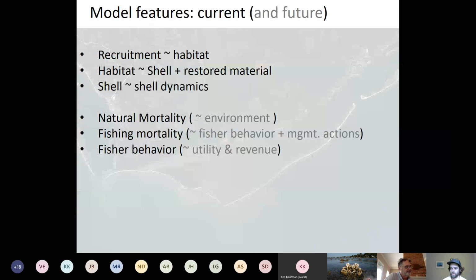So what we're left with is a couple of things. We can try to make a list of the alternative shapes of the relationships between habitat and shell.